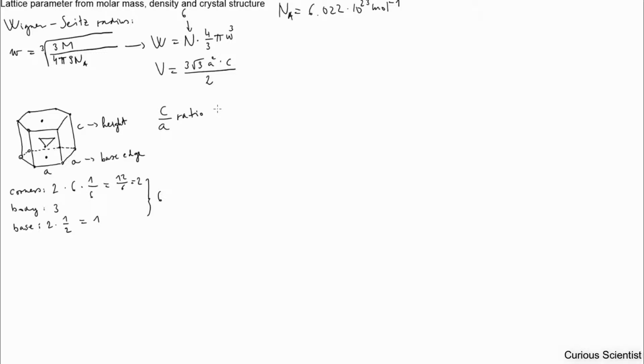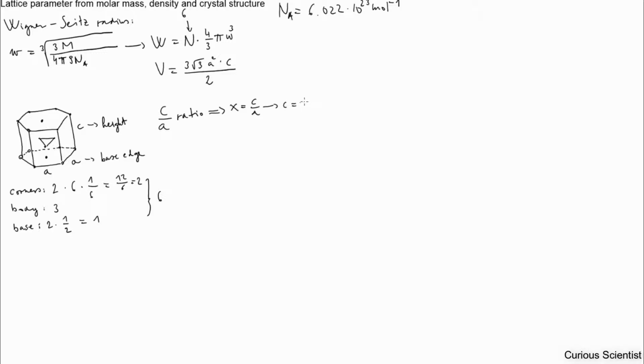And then you can get this number by applying some mathematics on this problem. So I will show you how to get that, but let me introduce a new variable. I just say that x equals c over a, and then we express c from this.